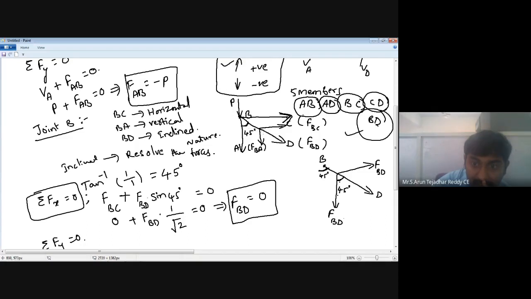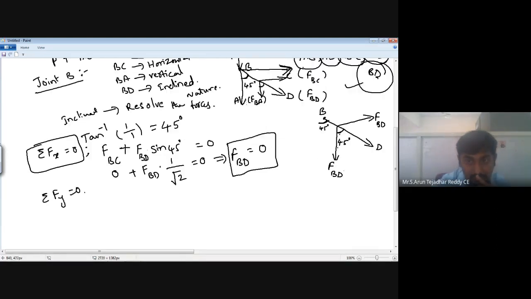So wherever the angle is there, just apply cos theta and write down minus P minus FBA, or AB, whatever it may be, both are the same, minus FBD cos 45 degrees is equal to 0.